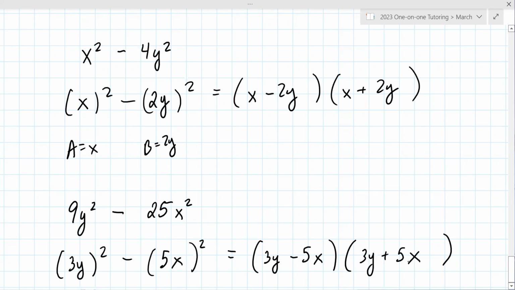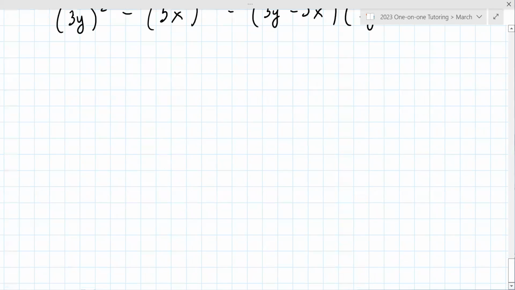All right. Let me give you just a couple here to try on your own. Let's try 100a squared minus 49b squared. Let's start with that one. Go ahead and work that out.